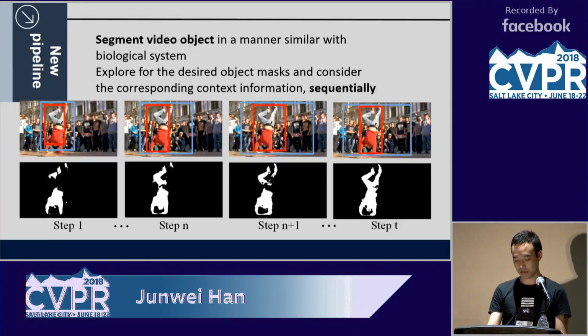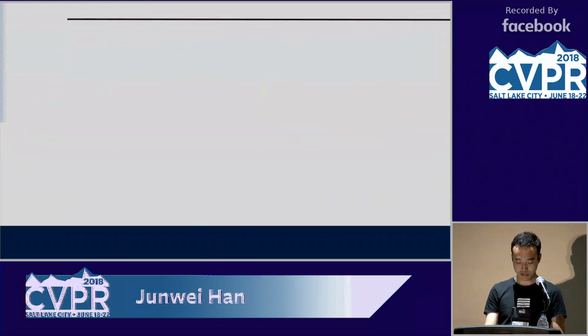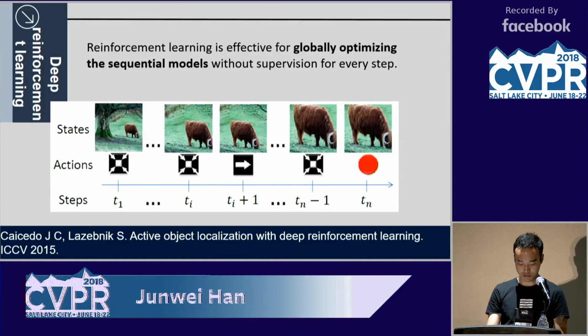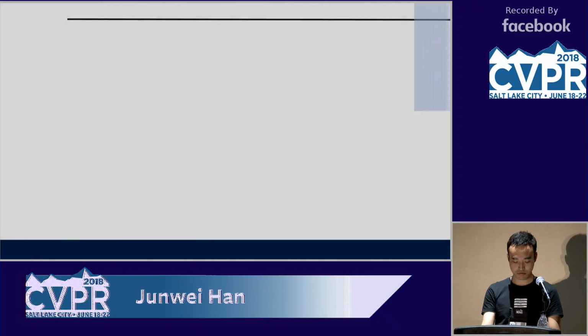We want to explore a similar pipeline by sequentially exploring the desired object mask and considering the corresponding context information. We resort to deep reinforcement learning theory, which has demonstrated its effectiveness on globally optimizing sequential models without supervision for each step.